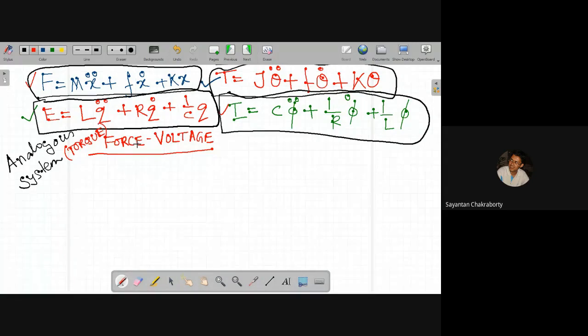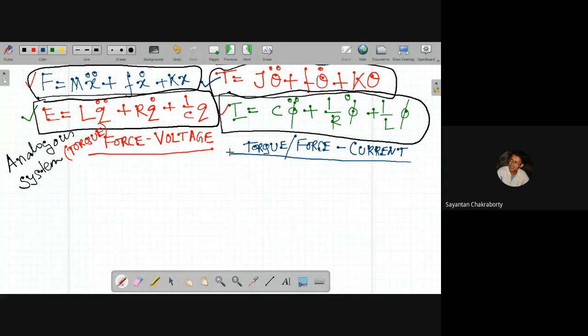We represent this mechanical system by an equivalent series RLC circuit. Similarly, in the other half, you will have torque or force current analogy. That is, the mechanical system, whether translational or rotational, will be represented or replaced by an analogous electrical system comprising parallel RLC elements supplied by a current source.